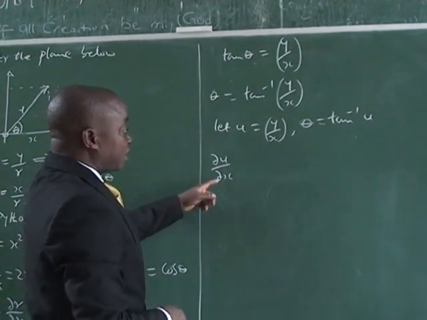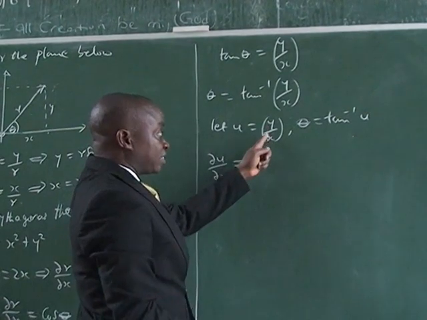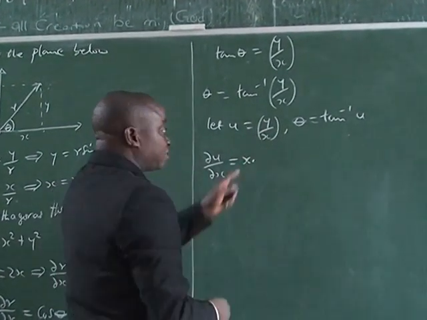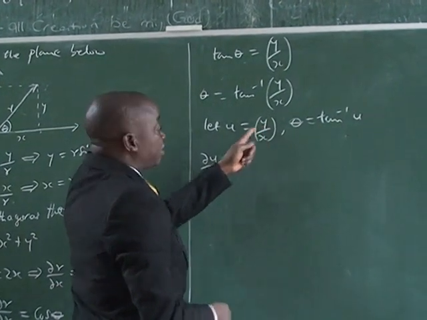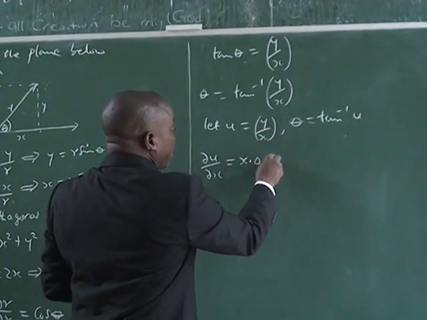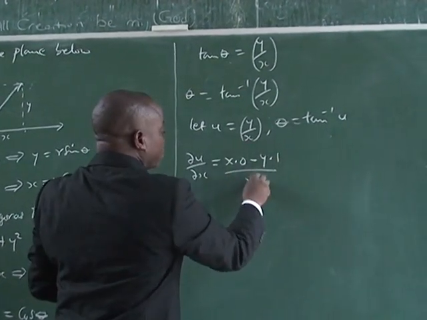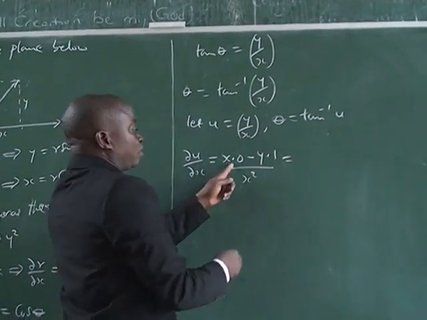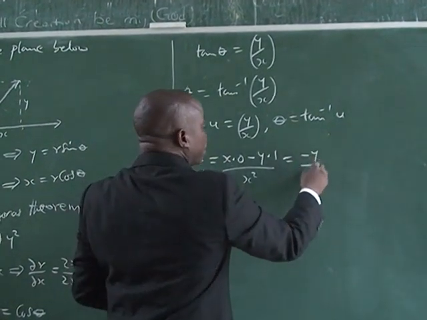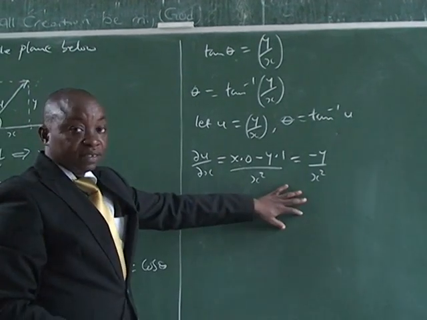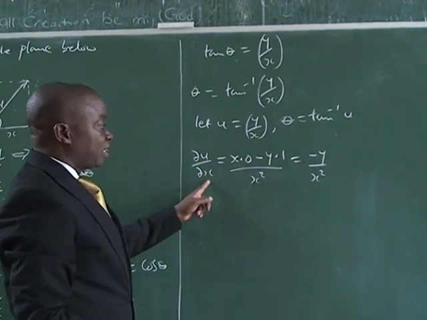So partial u partial x, this is the quotient rule that we just finished, will be x times the differentiation of y, and there is no x there, so it becomes 0, minus y times the differentiation of x, which is 1, all over x squared. Now this will go, and we have minus y over x squared. That is partial u partial x.